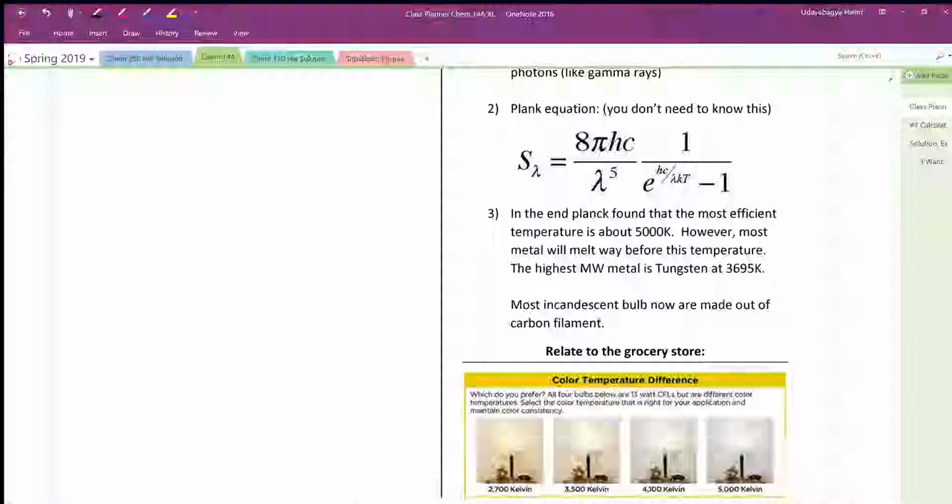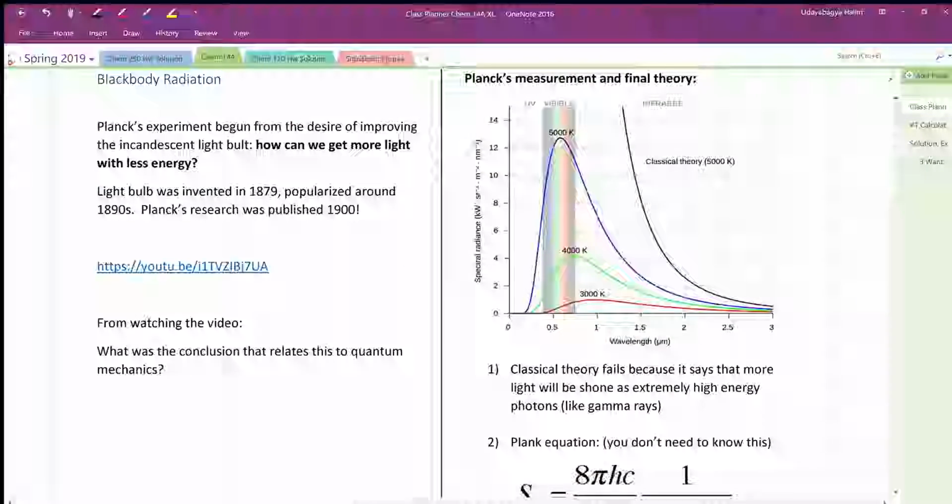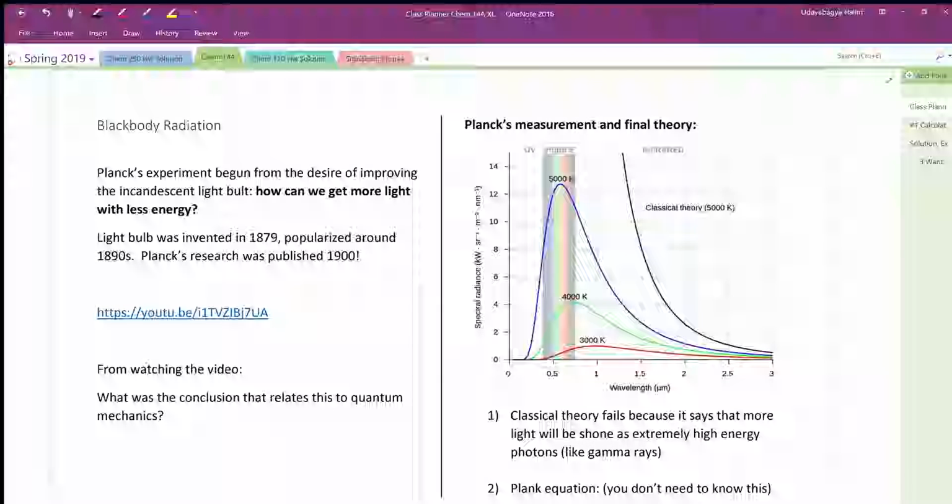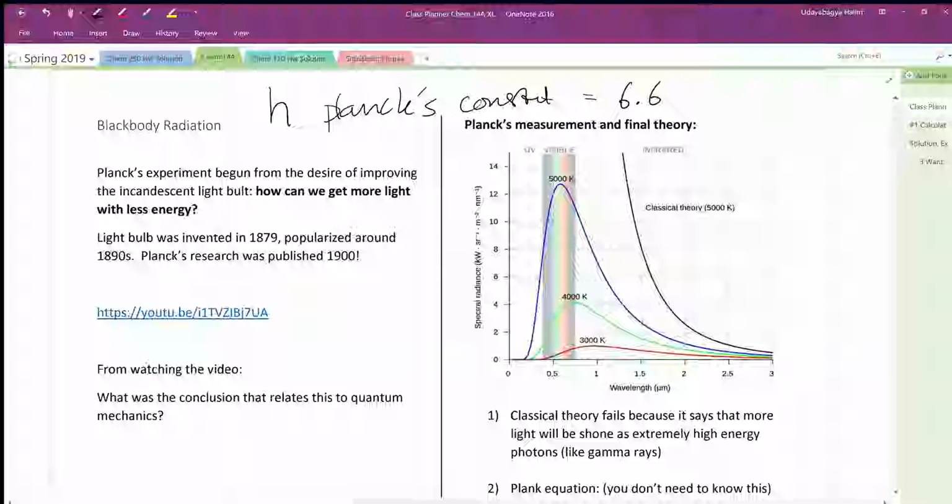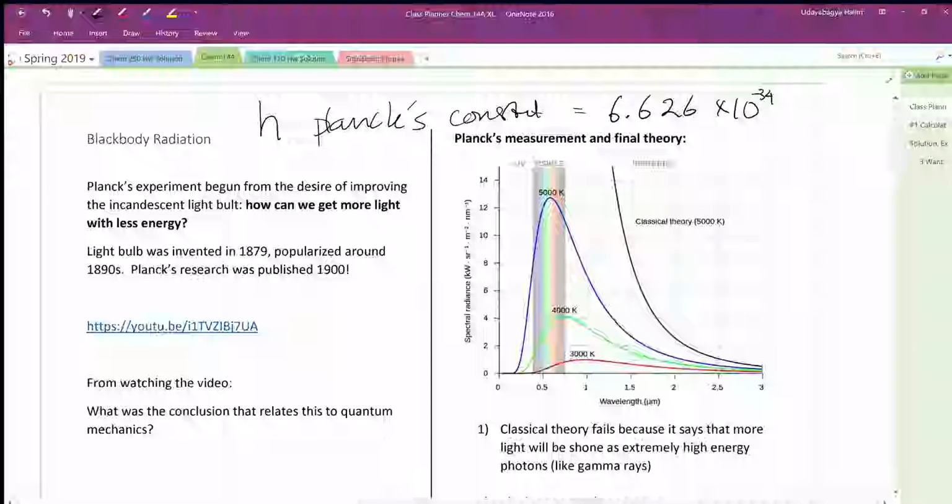So far, we've been using this symbol H, which is what we call Planck's constant. This particular constant has a value of 6.626 times 10 to the negative 34 joule second.